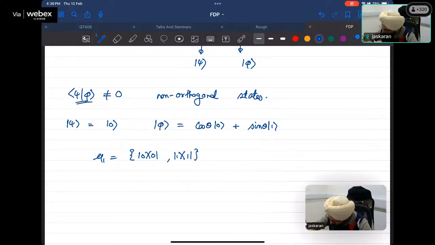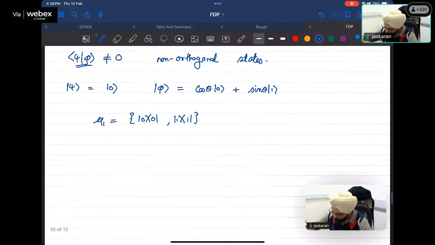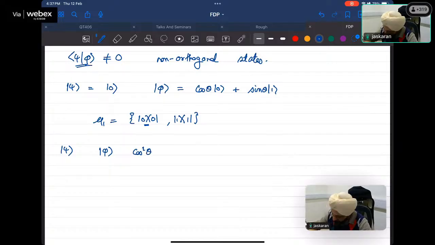Now if I was given the state |ψ⟩, then I know the outcome corresponding to |0⟩ will click. But if I am given the state |φ⟩, with probability cos²θ I will get the outcome corresponding to |0⟩, and with probability sin²θ I will get the outcome corresponding to |1⟩.